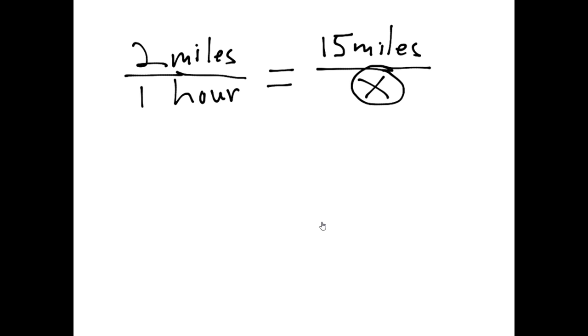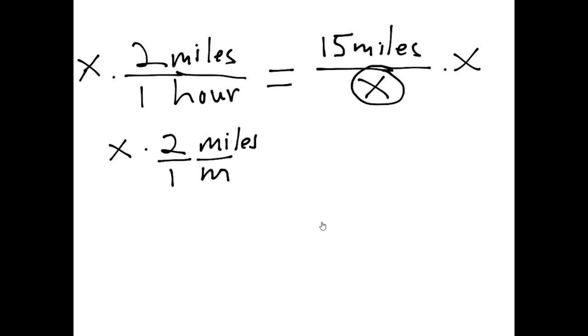So if we multiply by x on this side and we multiply by x on this side, then we end up with the equation x times 2 divided by 1 miles per hour is equal to 15 miles.